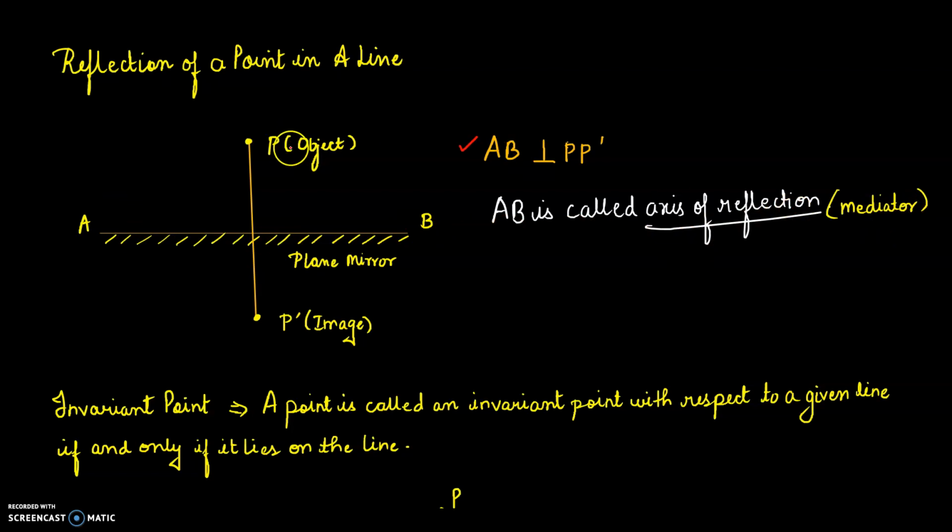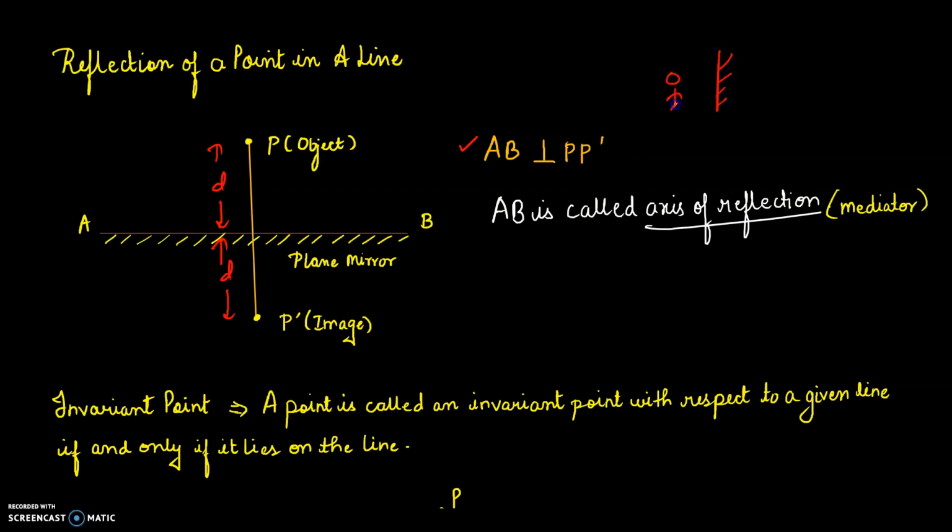Now the distance of the image behind the mirror is the same as the distance of the object in front of it. If this is D, then this part is also D. The distance will be same. The mirror line is perpendicular to the line joining the object and its image. You can take an example of a mirror.